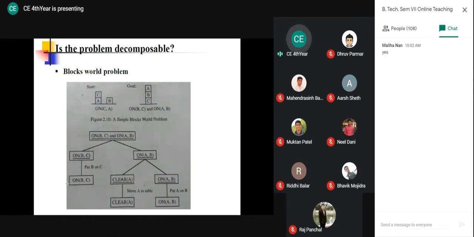Regardless of which one we do first, we will not be able to do the second as we had planned. So that's why you can say that these two sub-problems are not independent, right? They are dependent, and that's why you can say that this block world problem is not decomposable. Right? Up to this we have discussed.